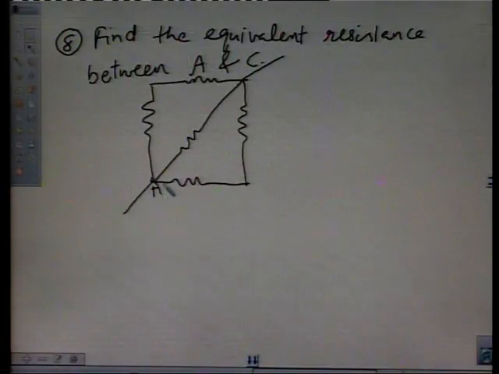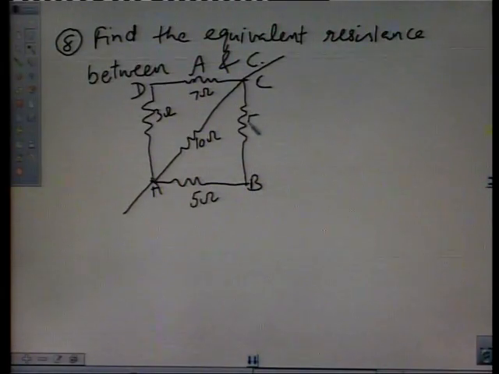This point is A, C, this is B and this is D. We have to find the resistance between A and C points. The value of resistance is this is 3 ohm, this is 7 ohm, this is 10 ohm, this is 5 ohm and this is also 5 ohm.